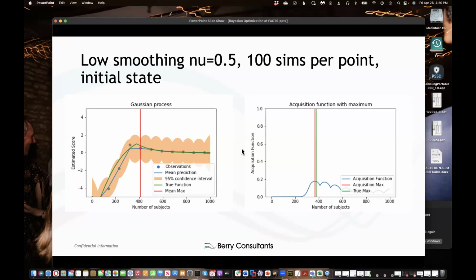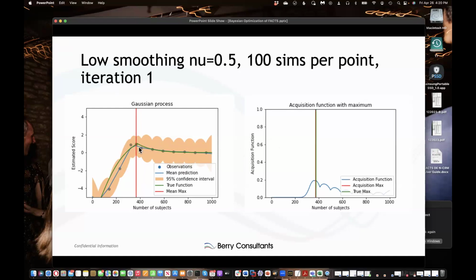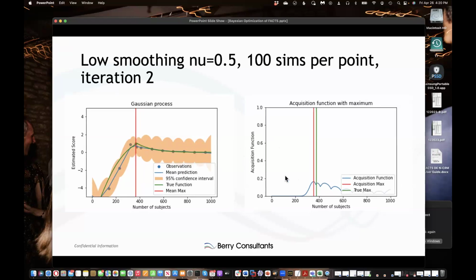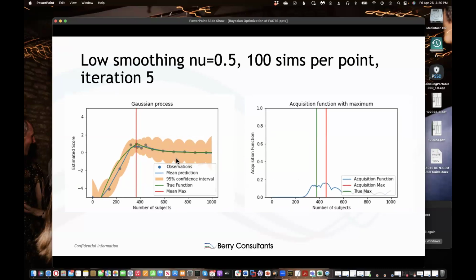And then we've run 20 simulations. We've allowed it to progress over 20 iterations. And I'll show this. So we have one here now. And you can see there's a little bit of a dimple in the acquisition function. And as we progress, you can see there's more and more points clustered around in the right area.